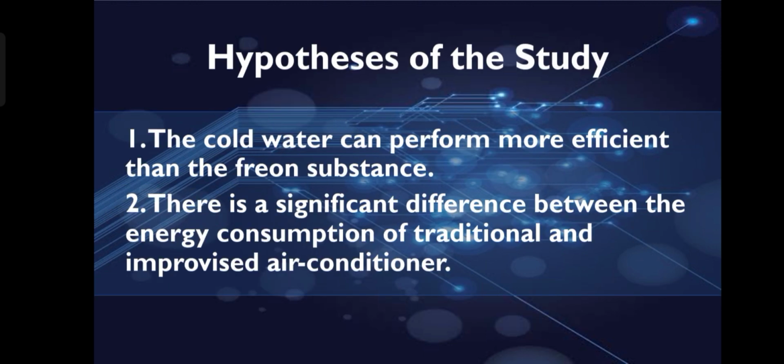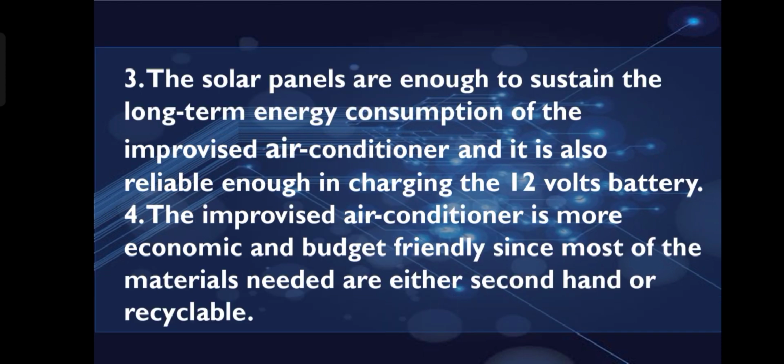So, for the hypothesis of the study, the cold water can perform more efficiently than Freon substance. There is a significant difference between the energy consumption of the traditional and improvised air conditioner.